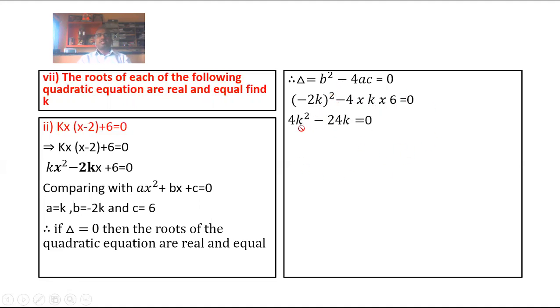Minus 2 square is 4, k square minus 4 6 are 24k is equal to 0. Here 4k take common, then we get k minus 6 is equal to 0. 4k is equal to 0 and k minus 6 is equal to 0. Equate both 4k and k minus 6 to 0. Therefore, k is equal to 0 upon 4 is equal to 0 and k is equal to 6.